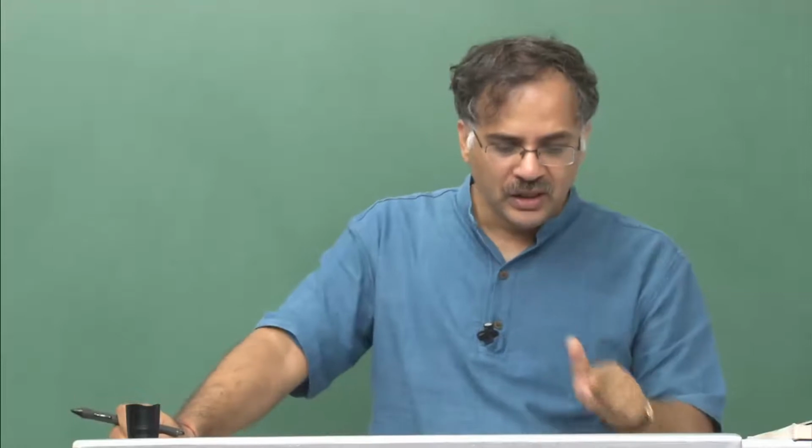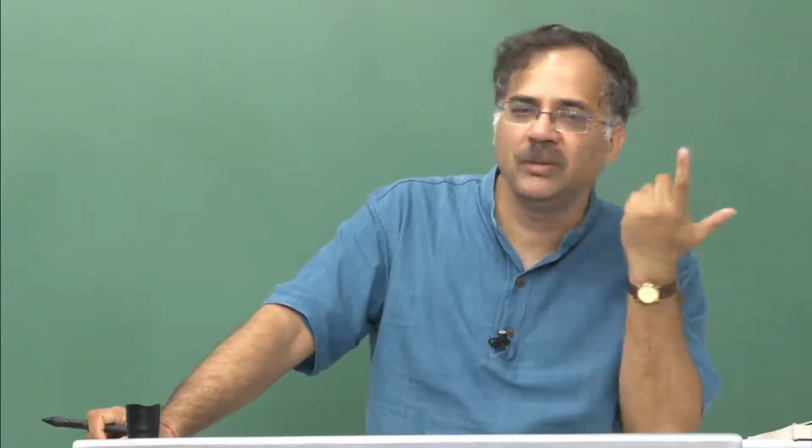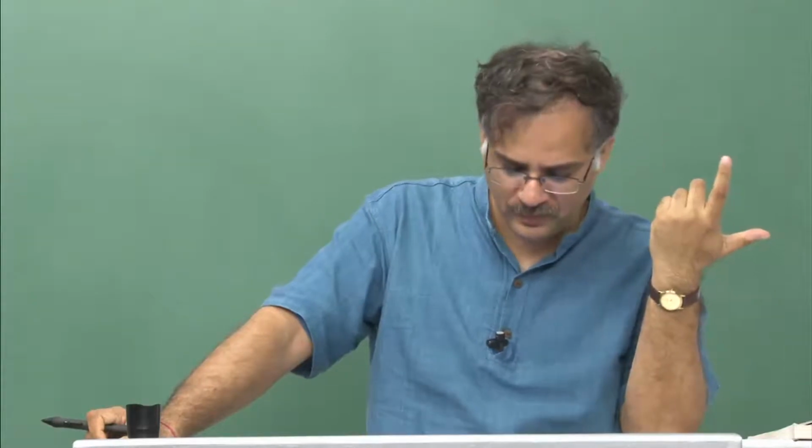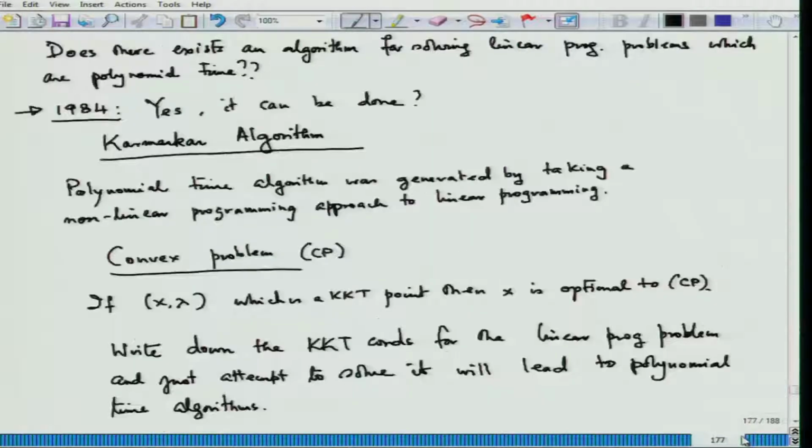Now, the interesting part is that the interior point approaches guarantee you a polynomial time algorithm for linear programming. But what are interior point approaches? The interior point approach is to use a nonlinear programming approach to linear programming.